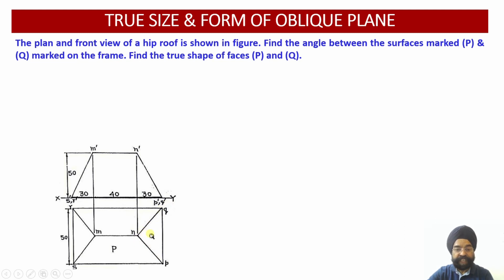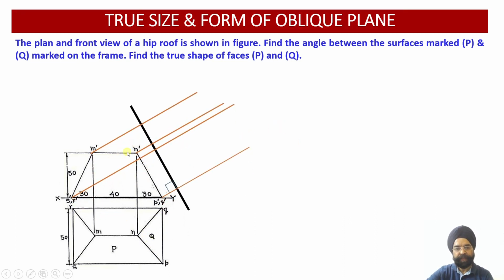Now, first thing is that for the surface Q, that is N, P and Q, I have got the front view where straight away the edge view is available. Once I obtain the edge view, I go parallel to the edge view and the true shape of NPQ will be available right away in the first step.